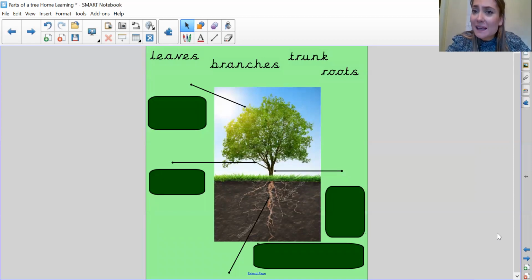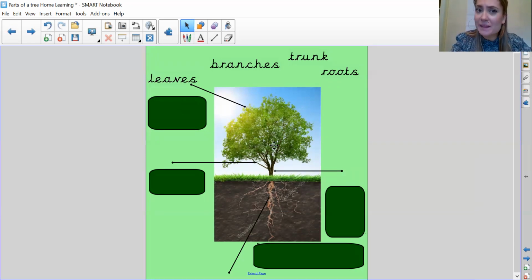Okay, so now I've got some of my keywords at the top, and I want you to see if you can match my keywords. So let's see. Can you tell me what this little arrow is pointing to at the top here? That's right, it's pointing to the leaves. Can you see the word leaves at the top and point to it? That's right, leaves, being the L. There we go, leaves.